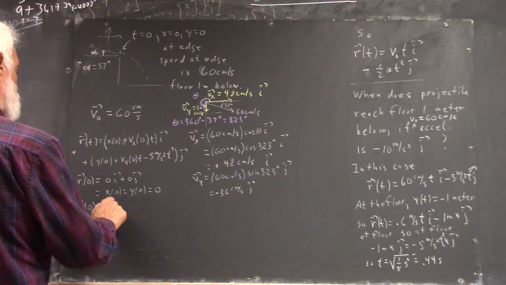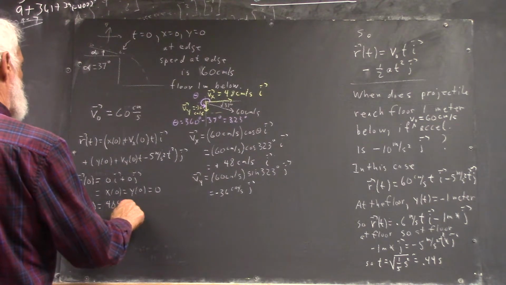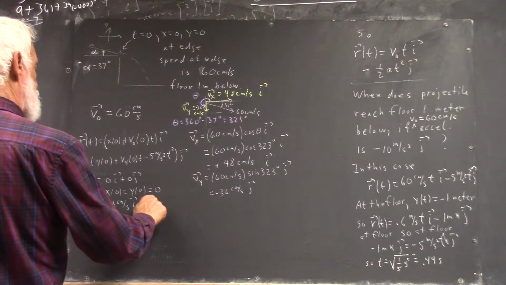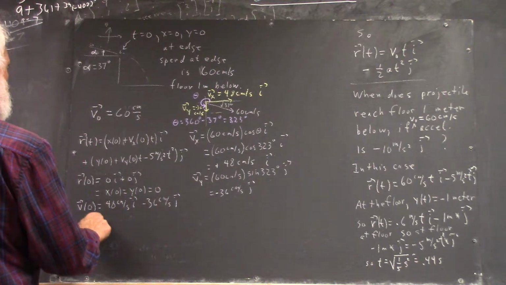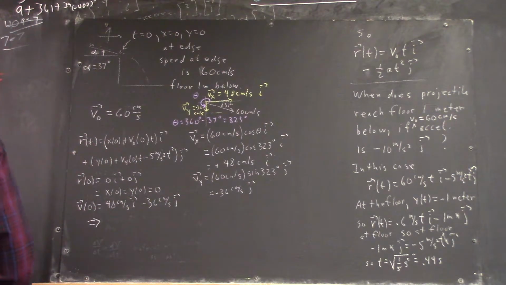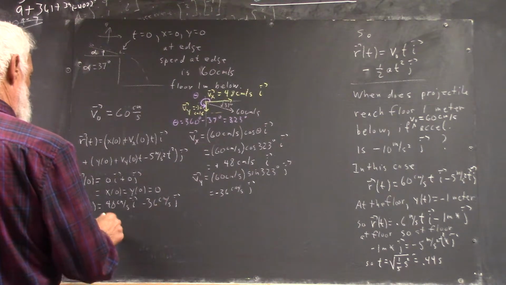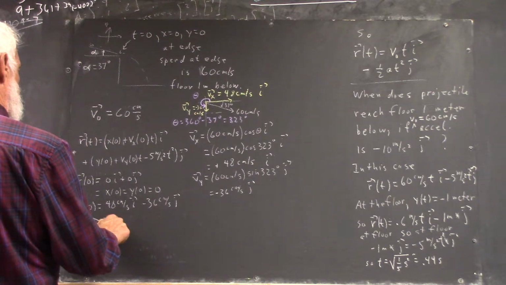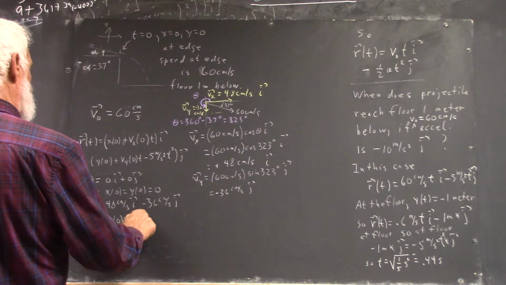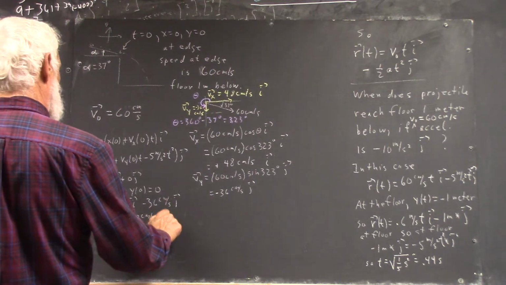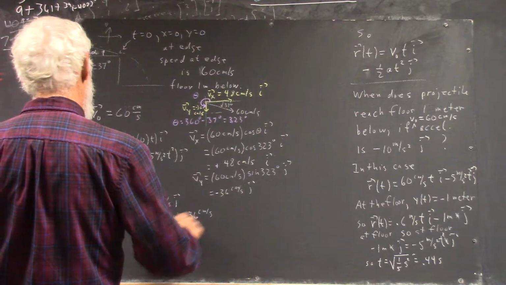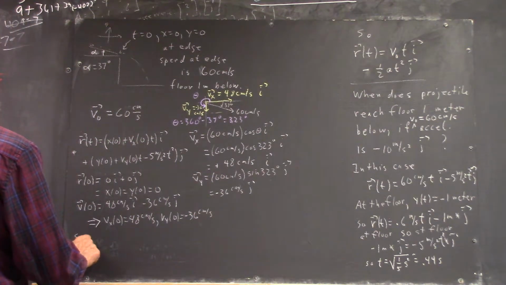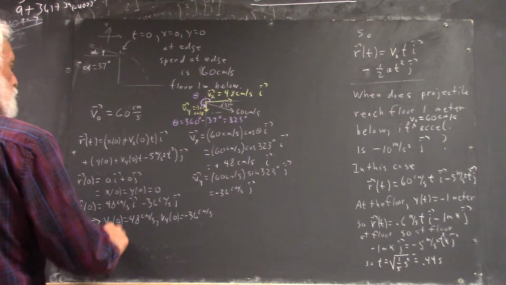V of 0 equals, and you can work through the details of that, but it's the same thing we did over here. It implies that, so we get this.